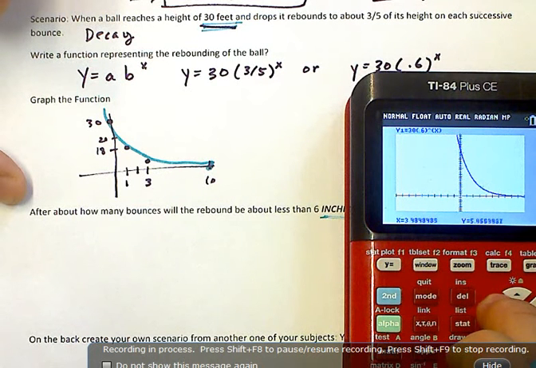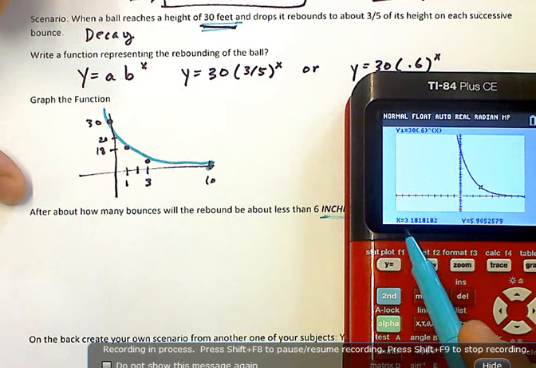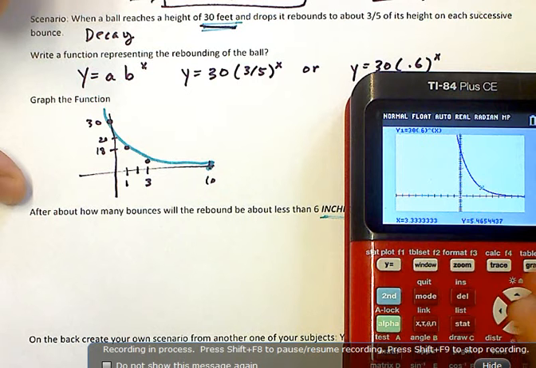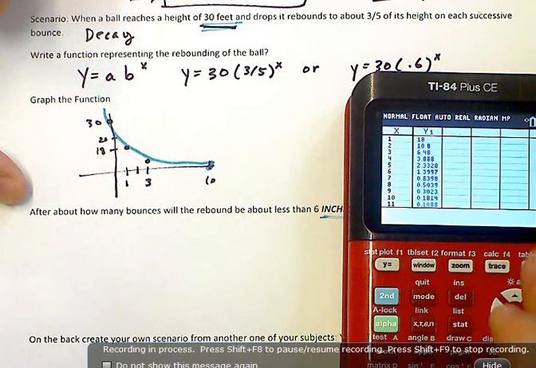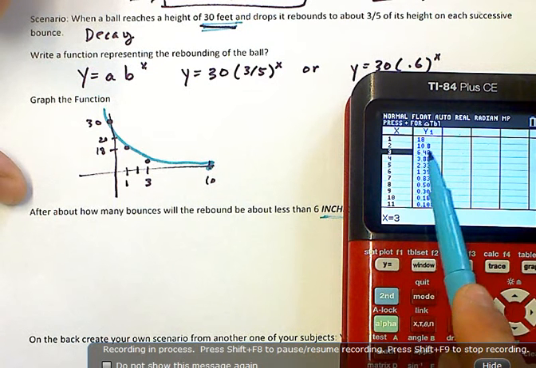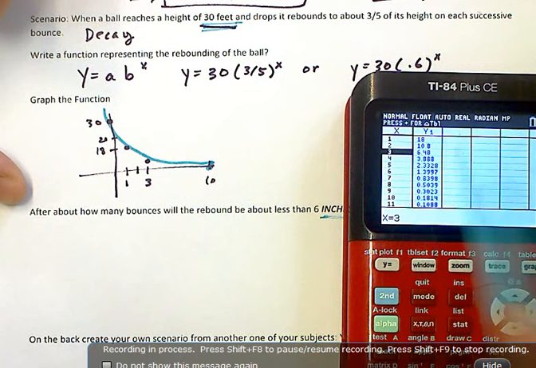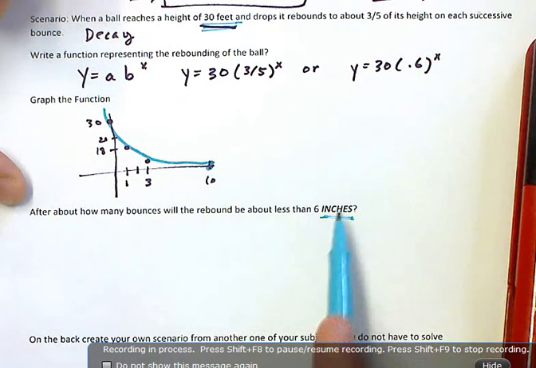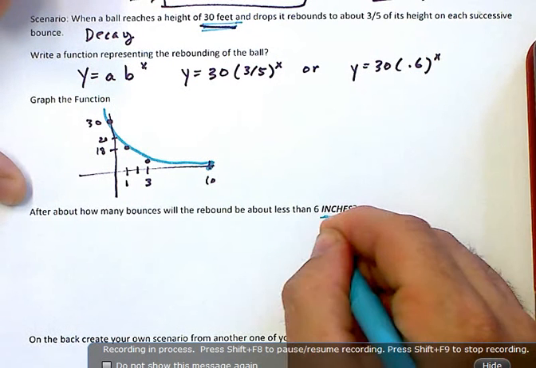So if you see y is 6 at about 3.1 bounces, right? Even if we look at our table here. Between 3 and 4 bounces, it goes from 6 feet, but that's not what we're looking for. We're looking at 6 inches, which is technically 0.5 feet.